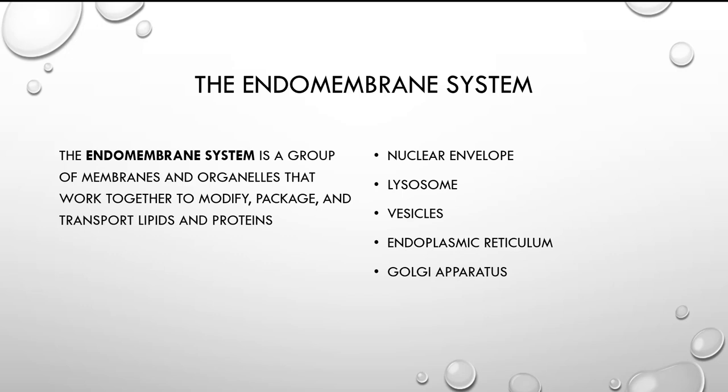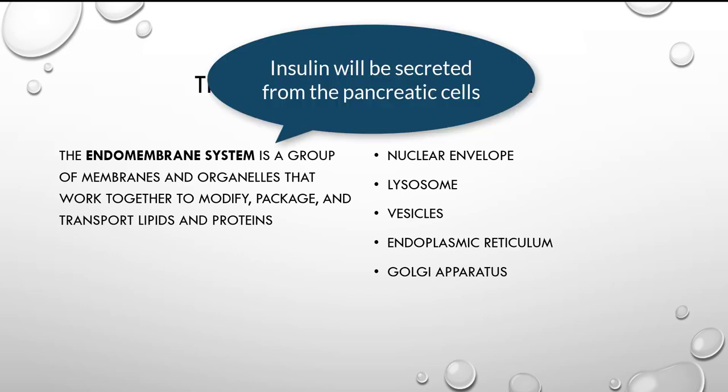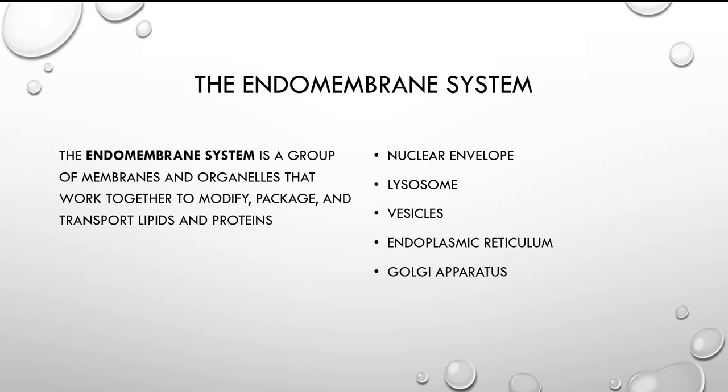The pancreas secretes a hormone called insulin. The endomembrane system within our pancreatic cells produces the hormone insulin to be secreted into our bloodstream to help regulate blood sugar levels.